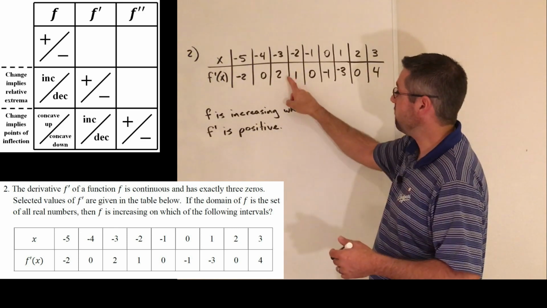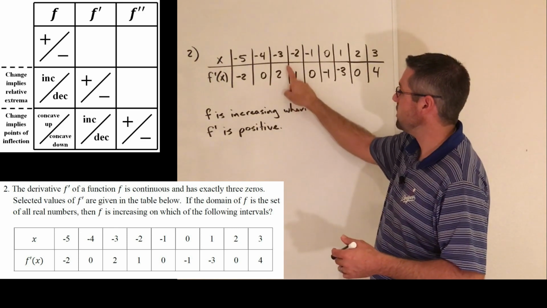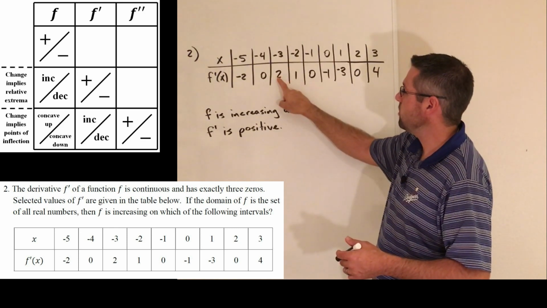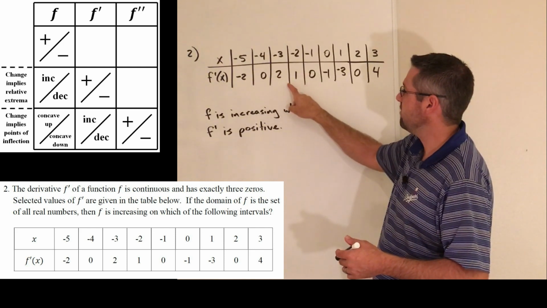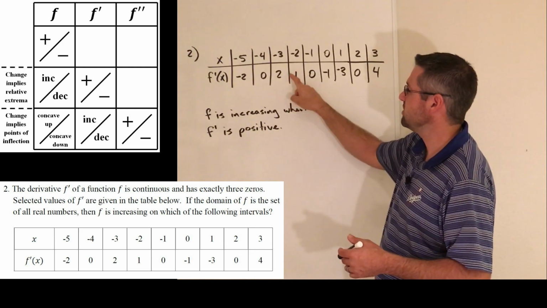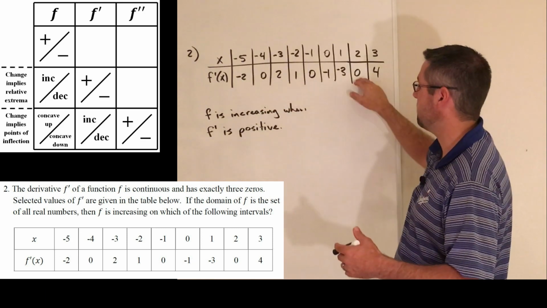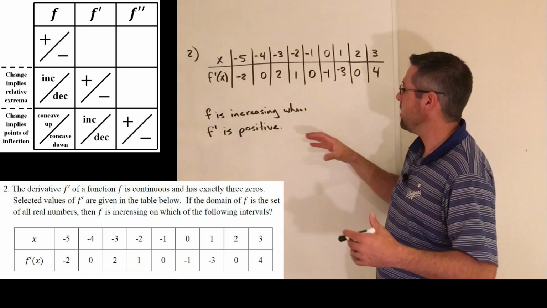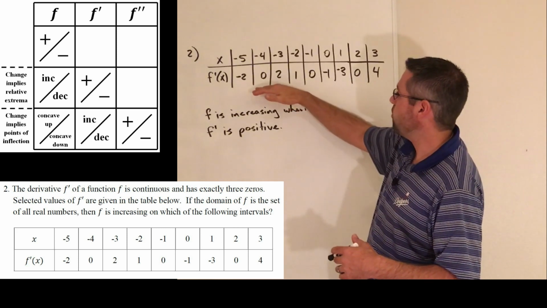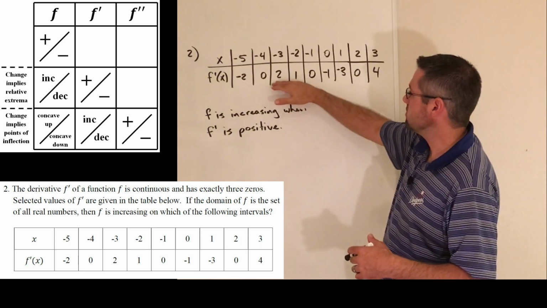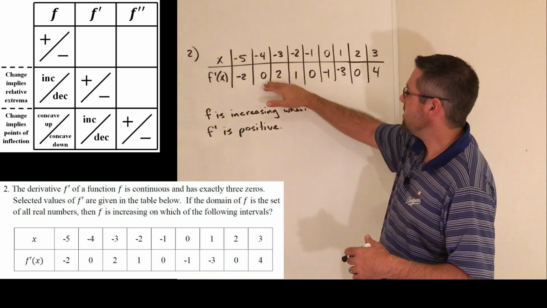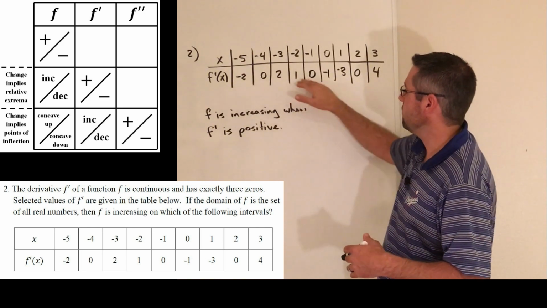Watch this. If f prime was negative somewhere in between here, then we would go from positive to negative back to positive again, which means we would have 2 other zeros for f prime, and we can't because we only have 3 of them. So that information tells us that where we see values that are positive, those intervals begin at those zeros.